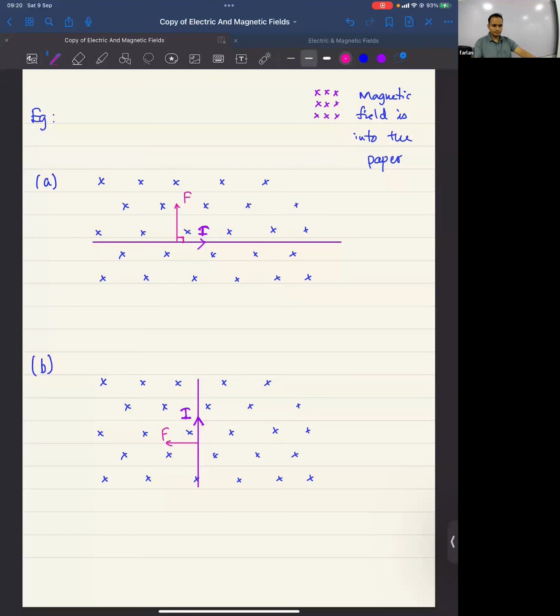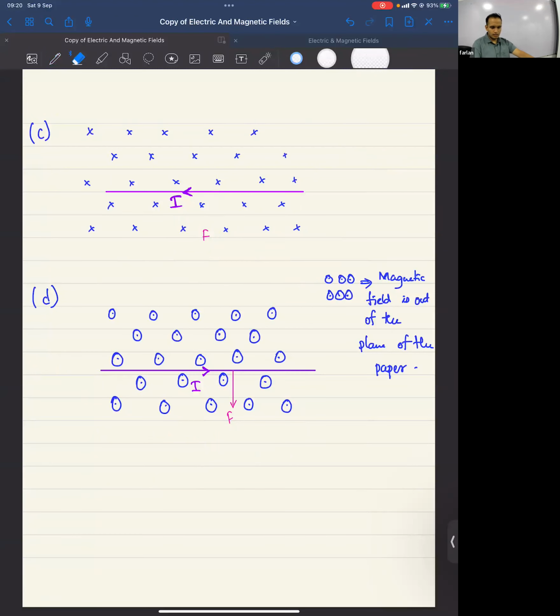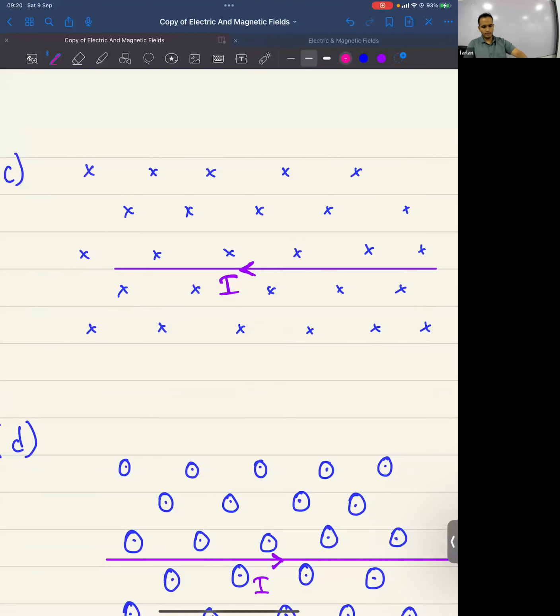Let's try another one. Part C. The magnetic field is into the plane of the paper. The current is to the left. Which way will be the force?